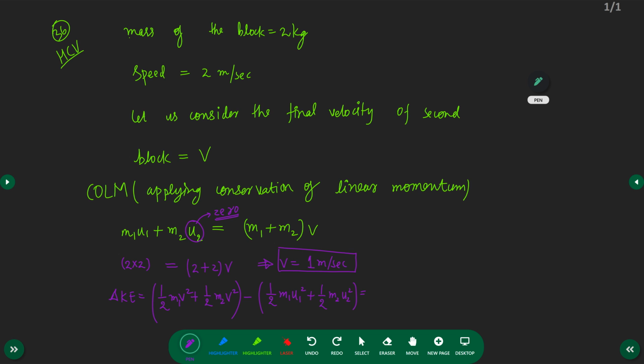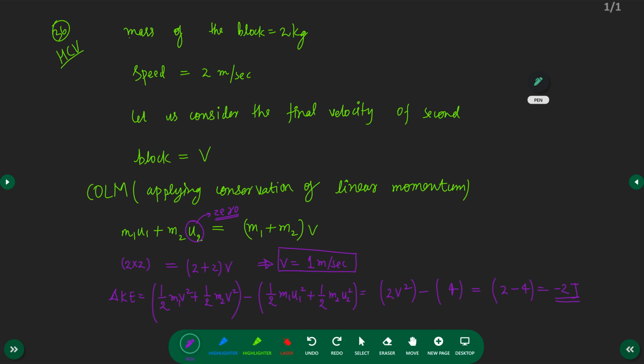So we can take half m1, m2 common. So 1 by 2 into 2 is 1. So simply it will be 2V square minus u2 is 0. So half and 2 cancel. u1 was 2, so minus 4. So V is 1, so 2 minus 4 equals minus 2 joule.